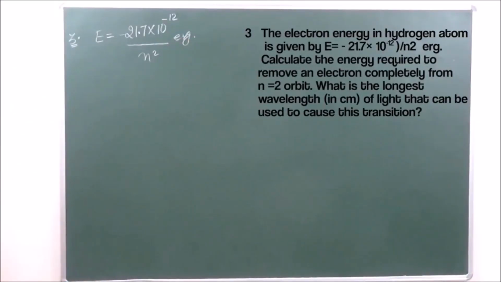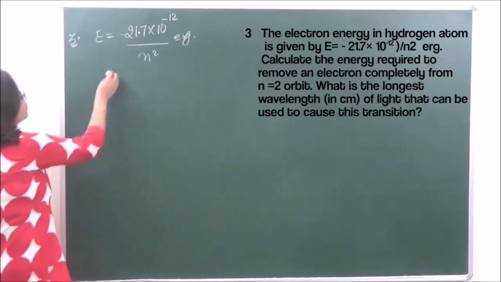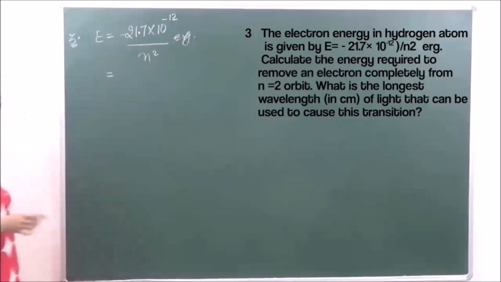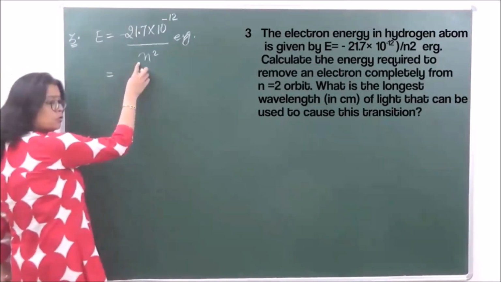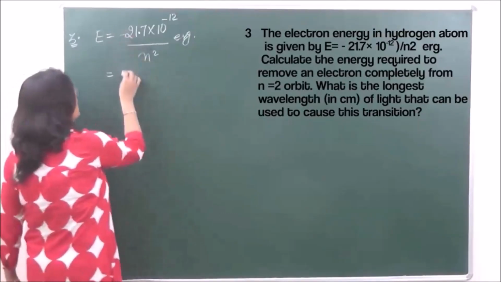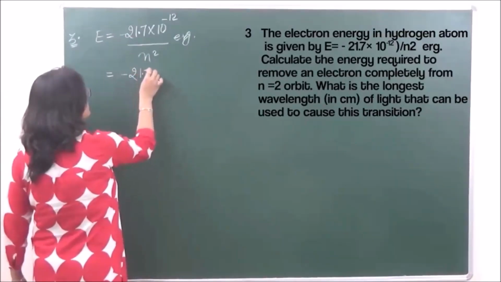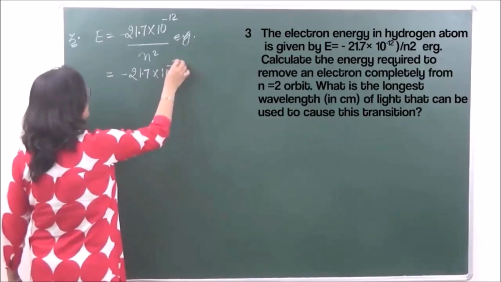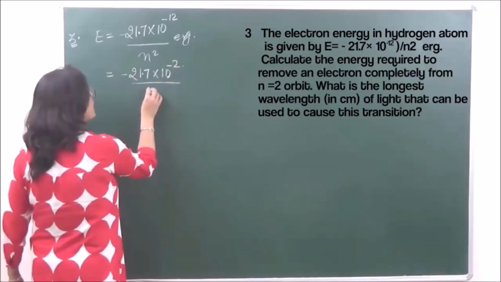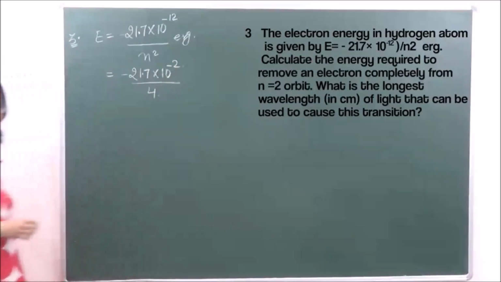Okay. Now electron, they are saying that electron energy in the second orbit we have to calculate. So if we have to calculate the energy of the electron in the second orbit, n will become equal to 2. Okay. So we have minus 21.7 into 10 raised to power minus 12 upon 2 square, which is 4.